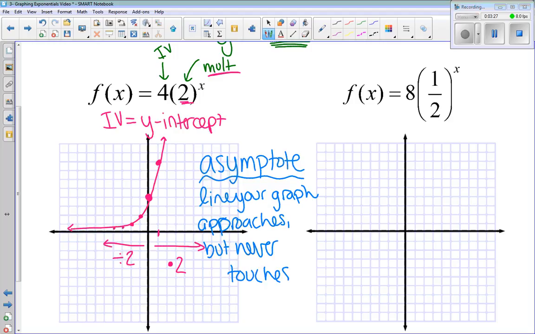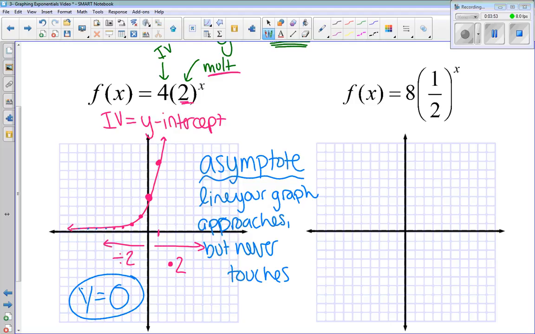So you'll see in this graph, we're going to keep dividing by 2 and dividing by 2 and dividing by 2. But if we're dividing something by 2, it's just going to keep getting smaller. It's never actually going to go away. So we have a horizontal asymptote at y equals 0. This is going to be true for all of our exponential equations in this class.